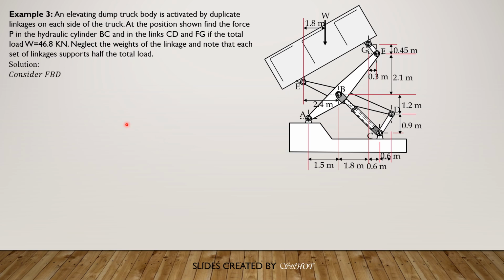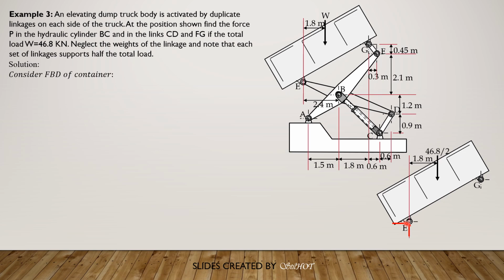So consider the free body diagram of the container. These are the component reactions at E, not important. We expect that the component reaction at G, since the force on the link is compression, has components upward and leftward.